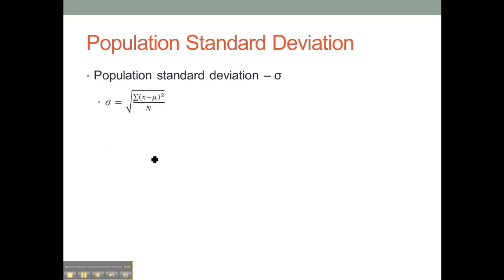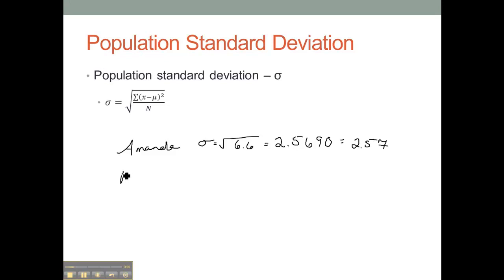So for Amanda, her population standard deviation is the square root of 6.6, and that is equal to, what does the calculator say, 2.5690, or we'll just go with 2.57.